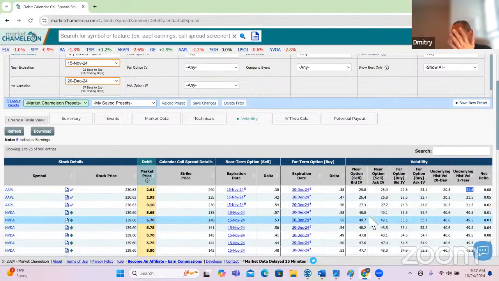So the question is, is it better when you have a high implied volatility in the near term versus a lower volatility in the far term? You have to understand the dynamics of the options. That doesn't necessarily mean the near term is priced higher than the longer term.